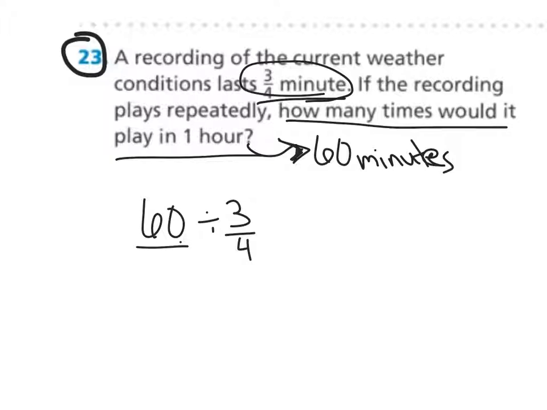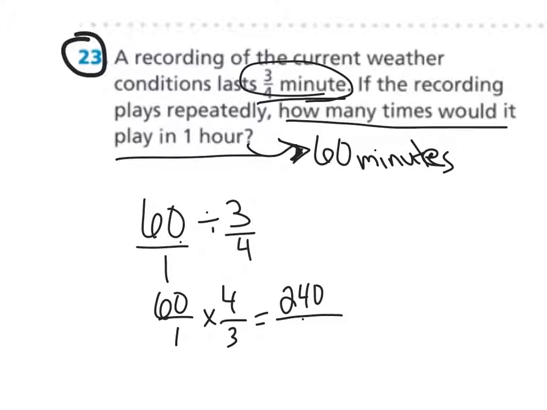So the 60 we can put as 60 over 1, and then keep change reciprocal. So if we do our keep change reciprocal, it becomes 60 over 1 times 4/3. And then at that point we can multiply straight across. So multiplying would be 240 over 3, and then we can divide that out. 3 doesn't go into 2, so we're going to look at 3 into 24.